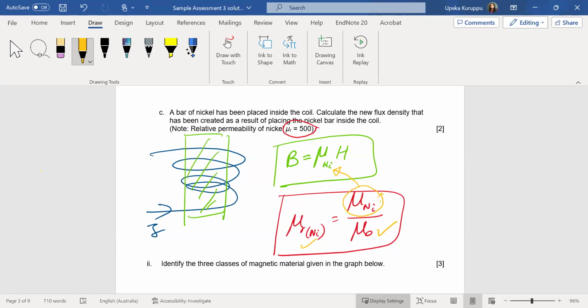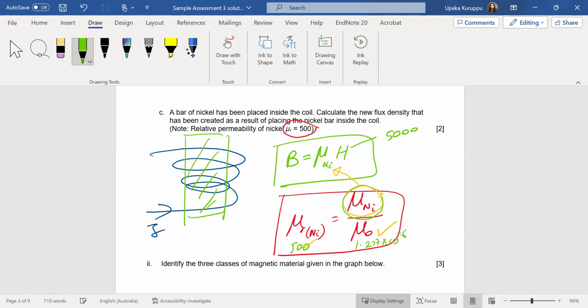All good. What do we get for B? You are finding B. For H, you use 5,000, isn't it? It is 5,000. The relative permeability is 500, and the permeability of vacuum is given to you as 1.2 something times 10 to the negative 6, isn't it?